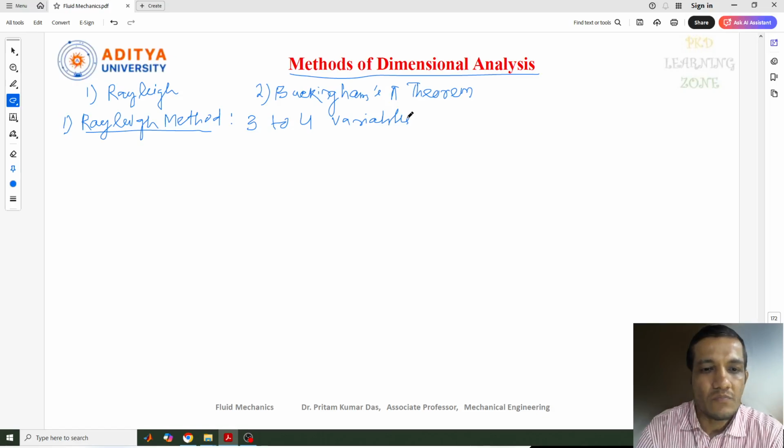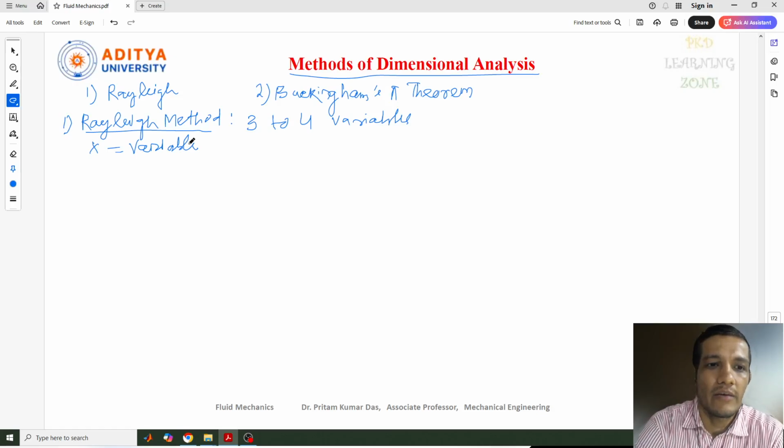So now let me give you some examples for better understanding, so that you'll get more idea about what this Rayleigh method is. Let's consider, suppose x is the variable, and this variable depends on a number of variables.